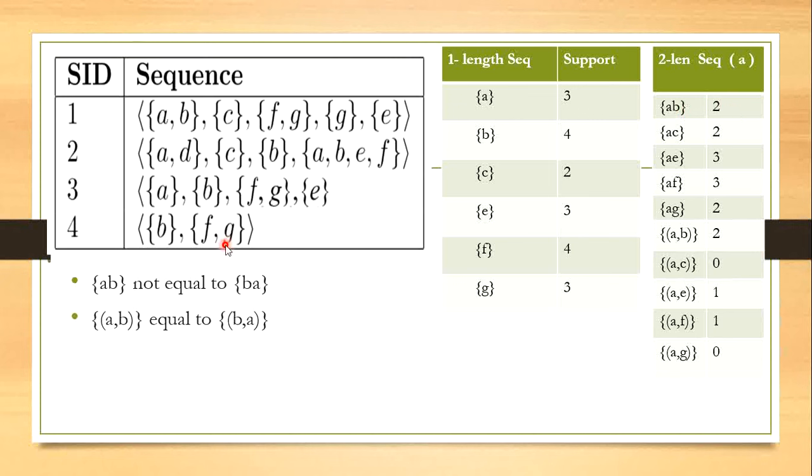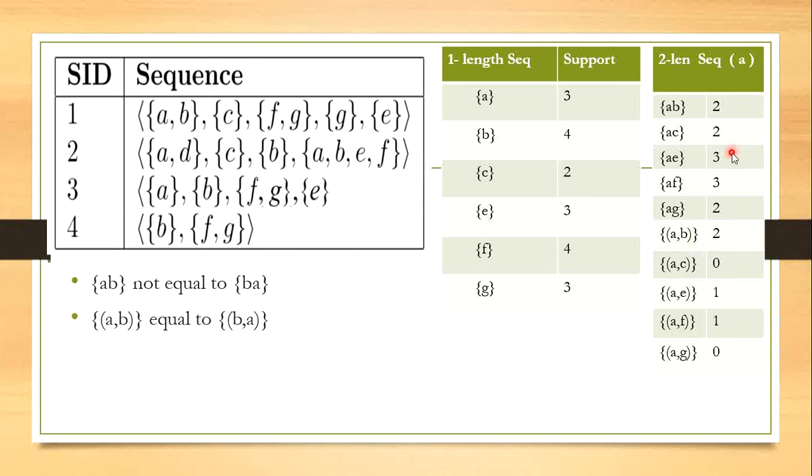In this we are not at all having A in sequence 4. And next, if I consider AB within the same transaction, here if you see, sequence 1 has AB within the same transaction. In sequence 2, here AB is present within the same transaction. Because of that, these two sequences are contributing to the support of this AB within the same transaction.